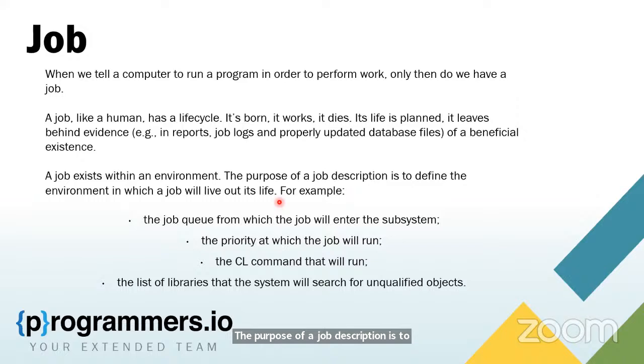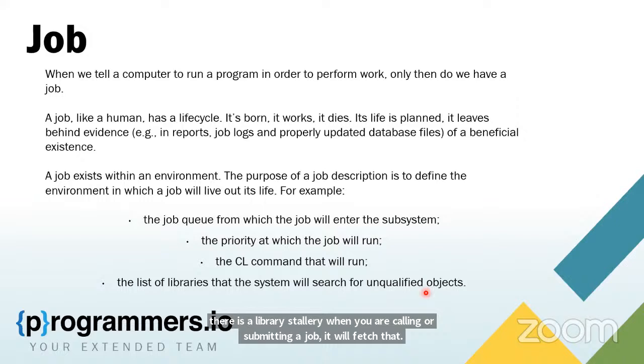live out its life. Like when you submit a job, it goes into a job queue, right? So we need to tell in the job description to which job queue this job will go, the priority at which this job will run, the CL command that it has to call, and the library list.